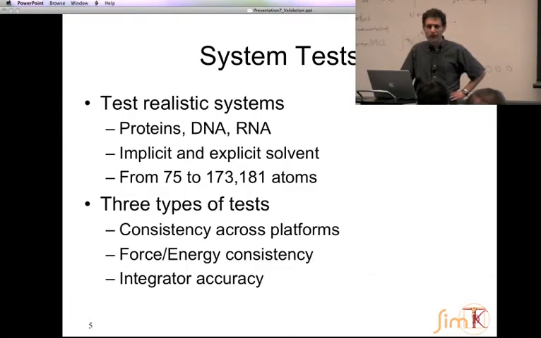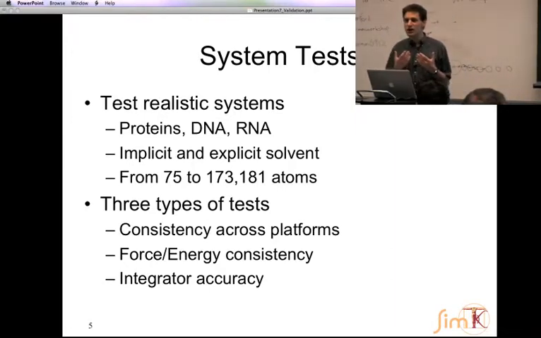The second type of tests we have are what we call system tests. Whereas a unit test is designed to test one very specific small piece of functionality, a system test tries to validate the entire program as a whole, a broad slice of functionality, using realistic usage cases that are typical of what users actually run, and see whether the entire thing is working as a whole.